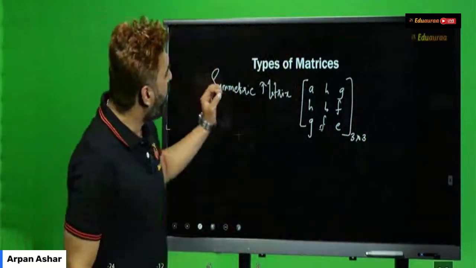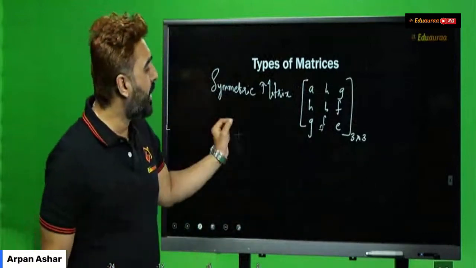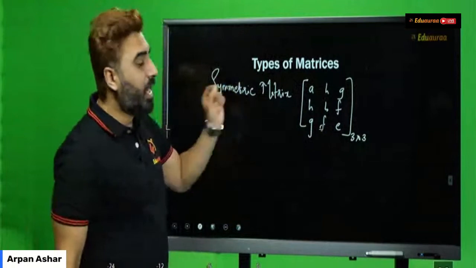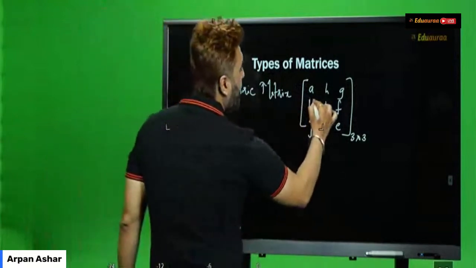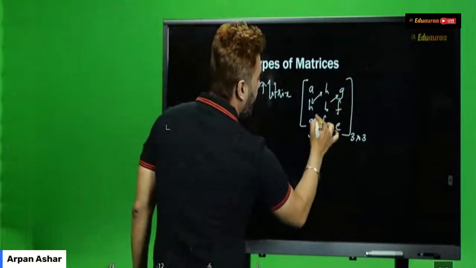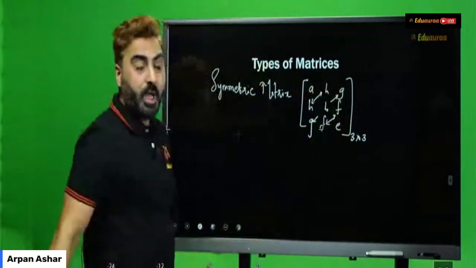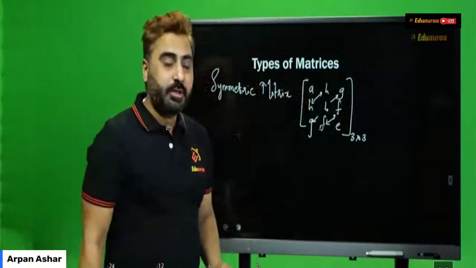Now how will you come to know that this is a symmetric matrix? Here, if we look, these two elements are the same, these two elements are the same, and these two elements are the same. Now what is the position of these elements?